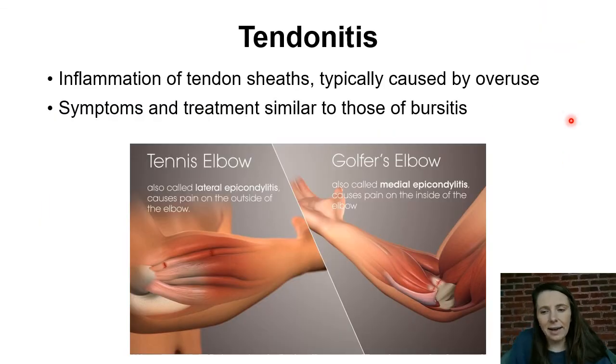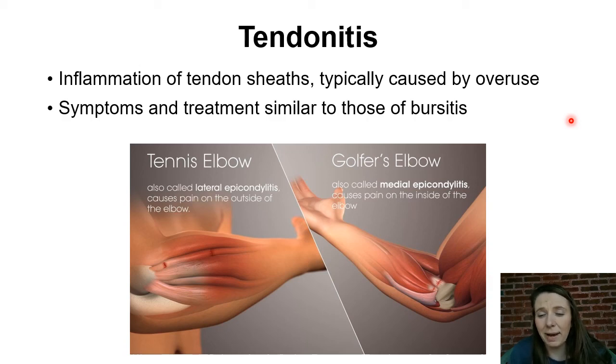So next, I have listed on here tendinitis. And this is just when the tendon sheaths become inflamed. Remember, the tendon sheaths are wrapped around the tendons of whatever muscle is passing through the joint space.